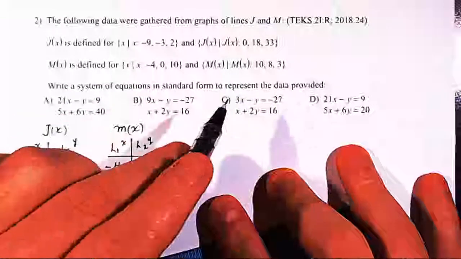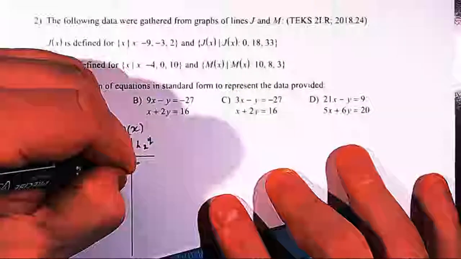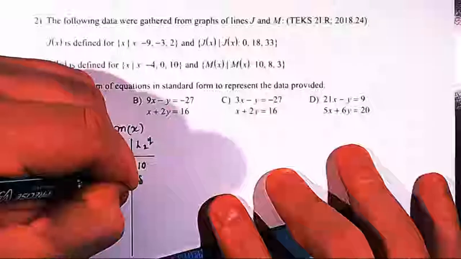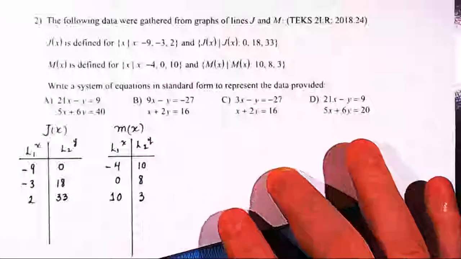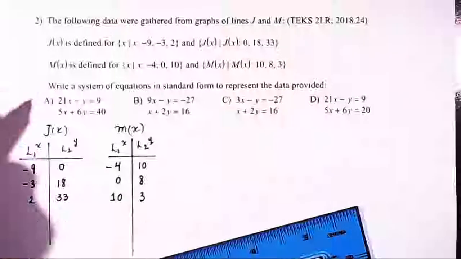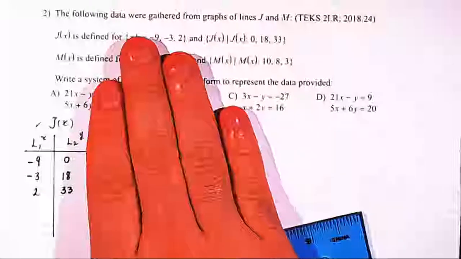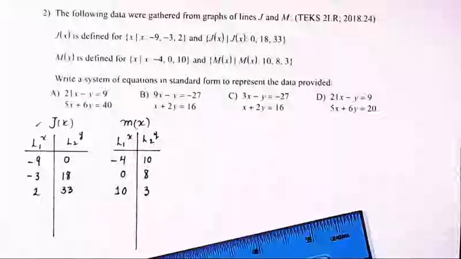And then M of X, or the Y values essentially, are 10, 8, and 3. Okay, so this needs to go into your stat edit. We're going to do J of X first. Let's leave M of X alone for now and just focus here on J of X.